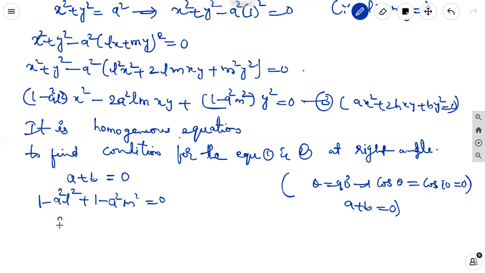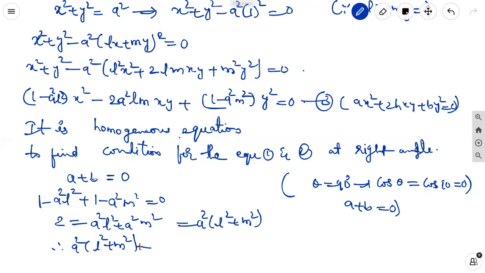So 2 equals a square L square plus a square m square. Taking a square common, a square into (L square plus m square) equal to 2.